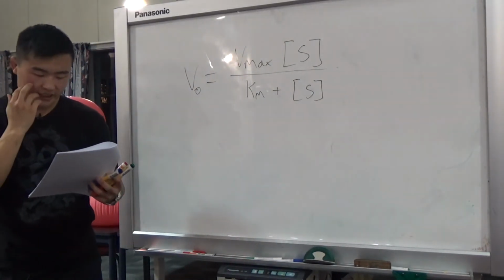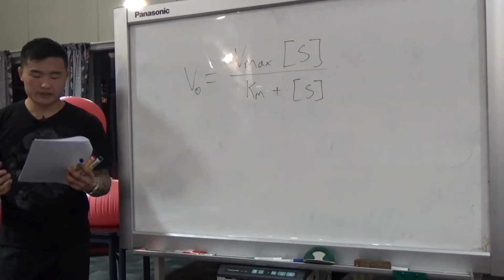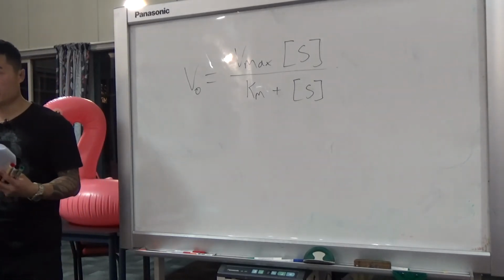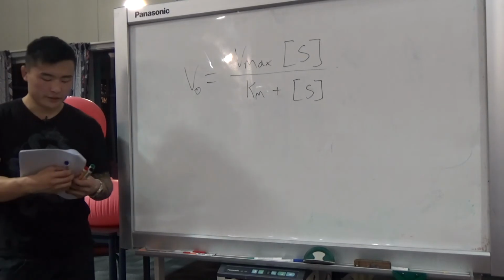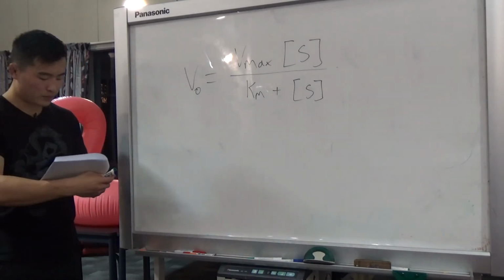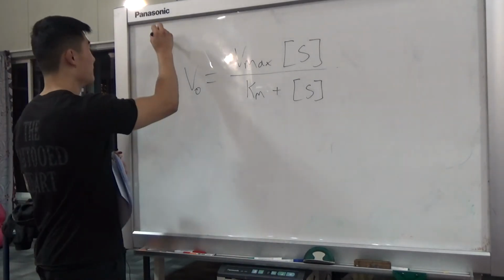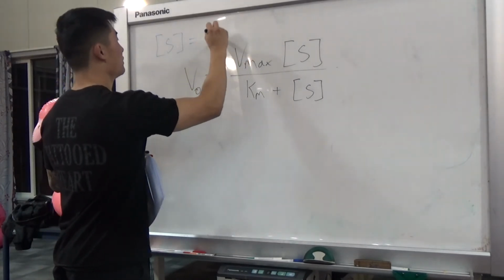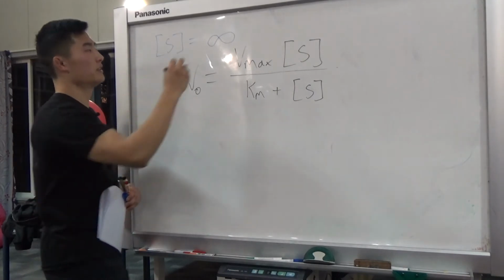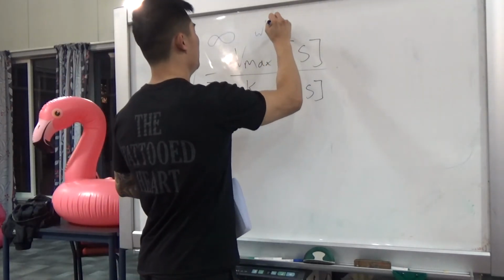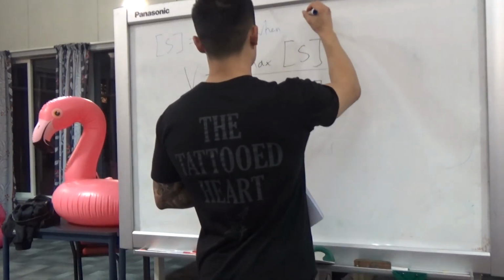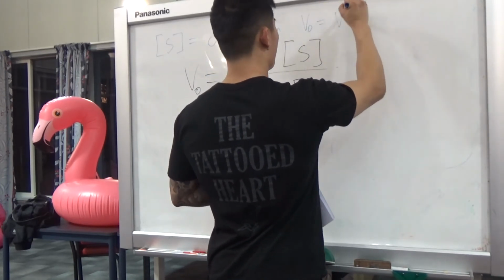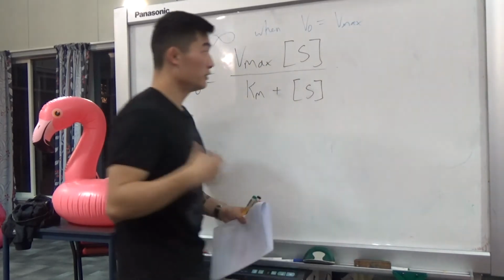Number 13, what's the substrate concentration when the observed velocity is equal to the maximum velocity? So the substrate concentration is equal to infinity when the observed velocity is equal to Vmax.